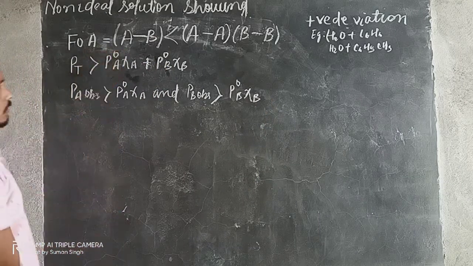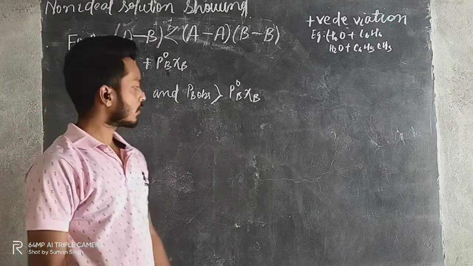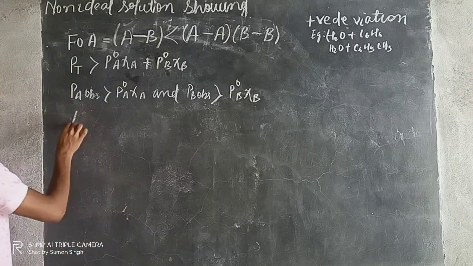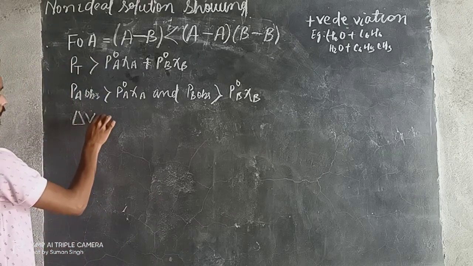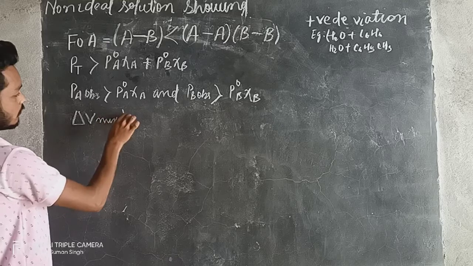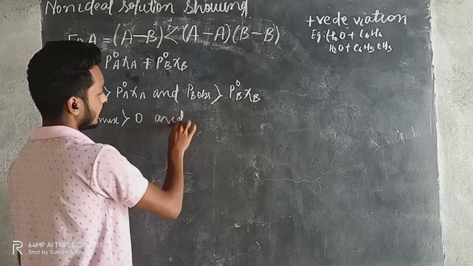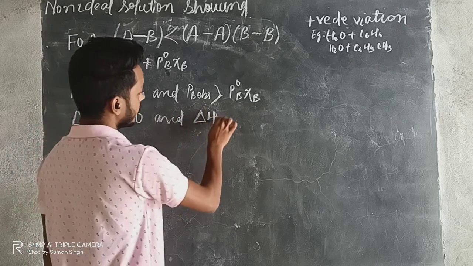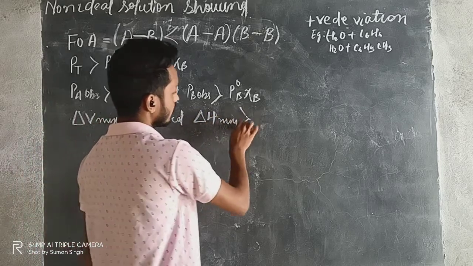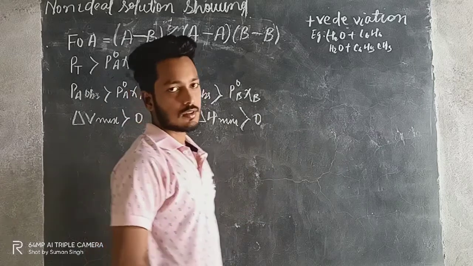And here force of attraction we have already talked about. Now the third thing is delta V mixing. Delta V mixing will also become greater than 0, and delta H, enthalpy of mixing, will also be greater than 0. Now you have understood.